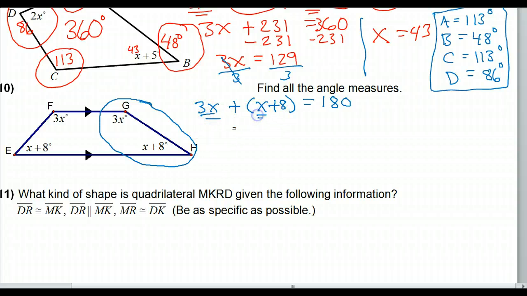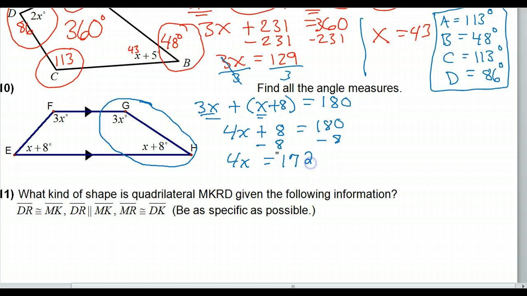So combining like terms, that's going to make 4x plus 8 is equal to 180. Subtracting 8 from both sides, that gives us 4x is equal to 172. And then we just divide both sides by 4.